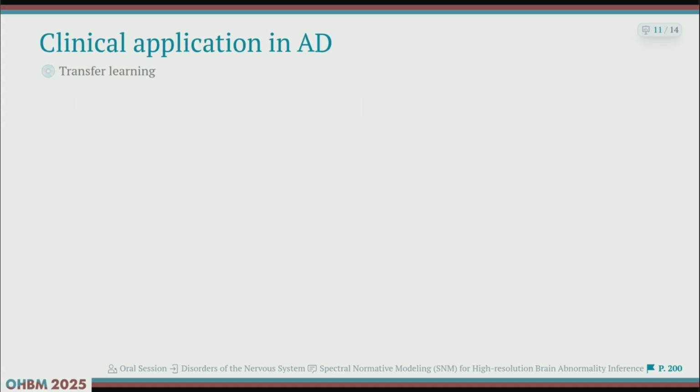And we thought, what would be a good application to test that this method actually works and it can help us have new neuroscientific findings? And we thought of Alzheimer's disease, given that previous literature reported significant and large-scale cortical atrophy happening in Alzheimer's.